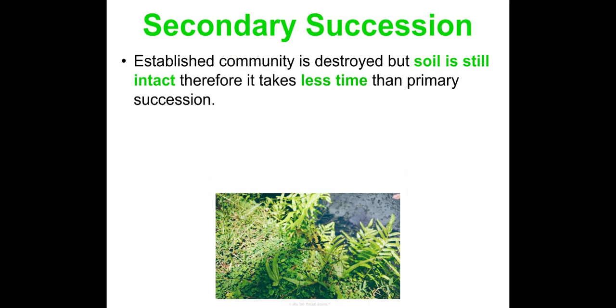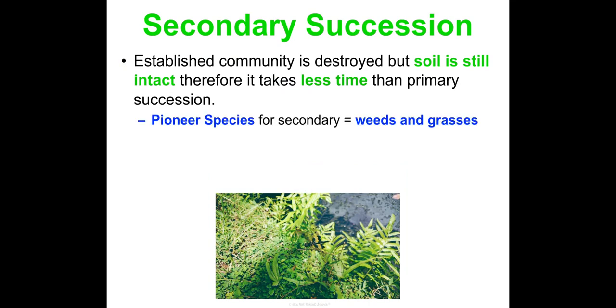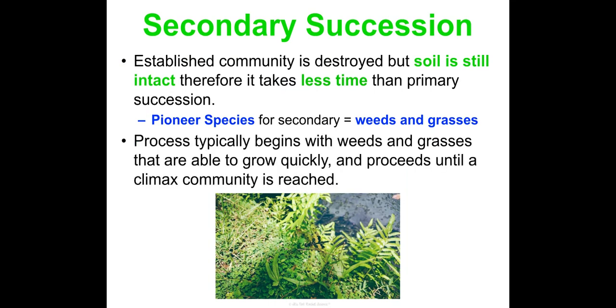The established community is destroyed, but the soil is still there, so it takes less time for the climax community to reestablish. The pioneer species for secondary succession is going to be like weeds and grass. The process typically begins with weeds and grass that are able to grow quickly, and then it proceeds until a climax community is reached. It takes a while for trees to grow.